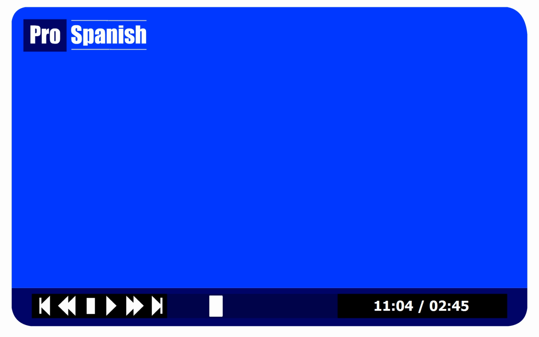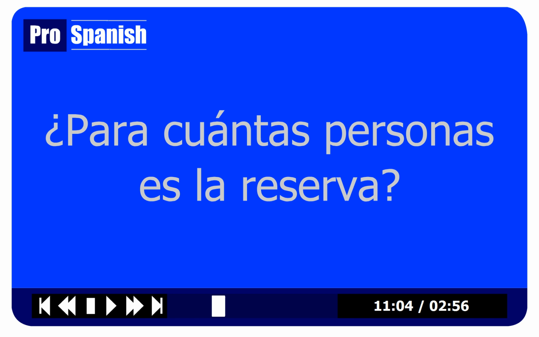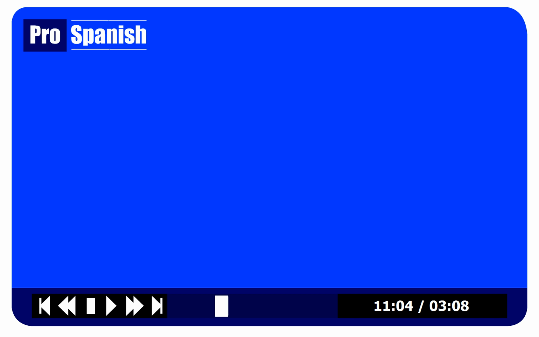What about for how many people is the reservation? ¿Para cuántas personas es la reserva o la reservación? ¿Para cuántas personas es la reserva?